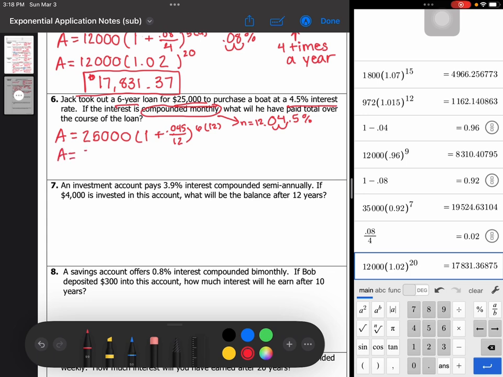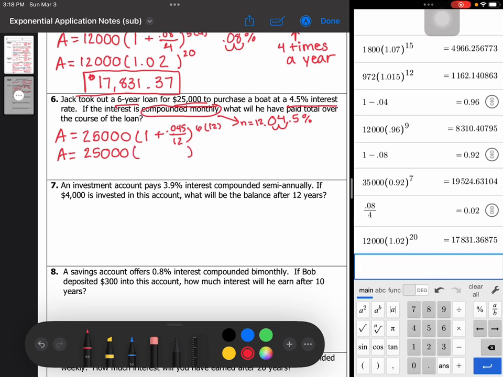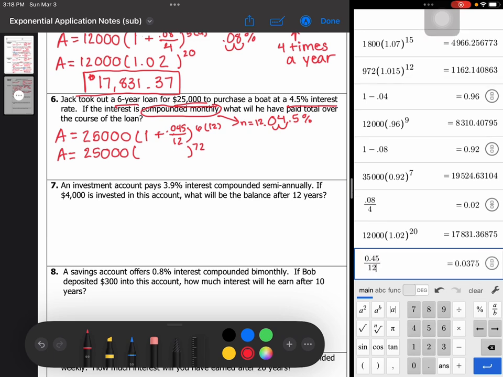Again, we're just going to simplify it one step before we plug it into the calculator. So 6 times 12 is 72. Then we have 0.045 divided by 12 is 0.0375.